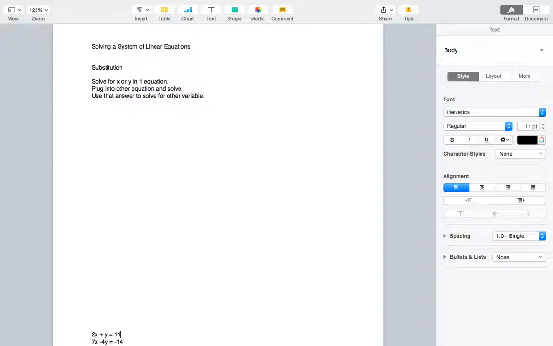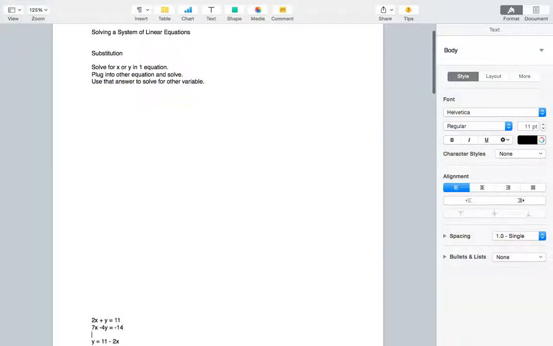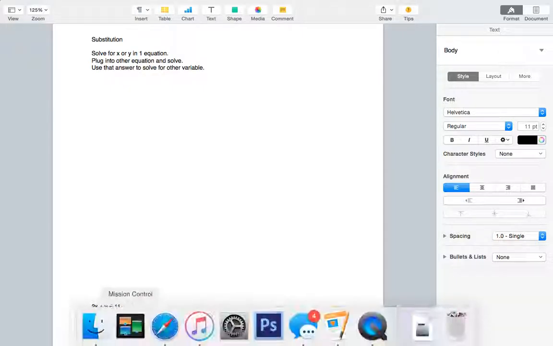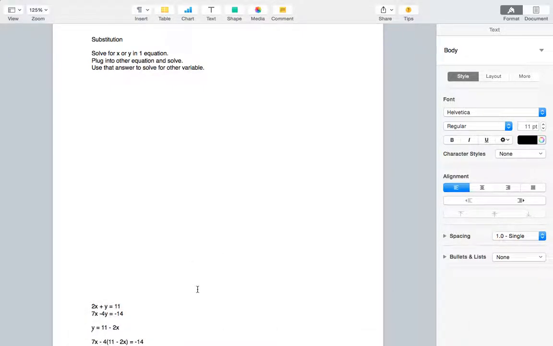So you isolate y, move 2x to the other side, so subtract it from both sides. Y equals 11 minus 2x. Okay, so that's what y equals, and now you substitute it into the other equation. So 7x minus 4 times (11 minus 2x), that's the y, equals -14.